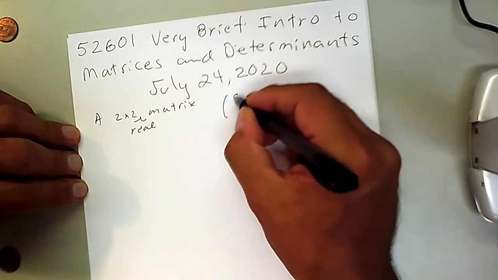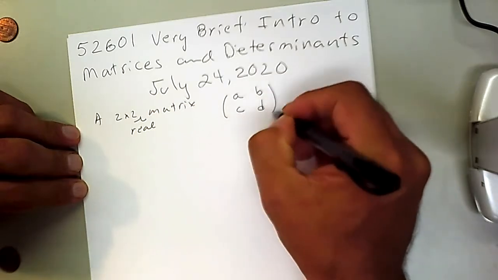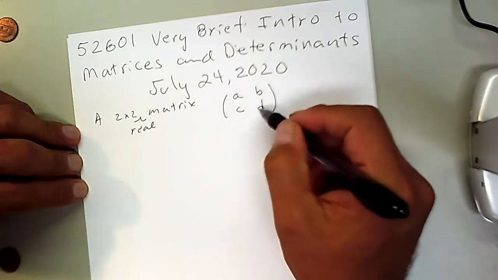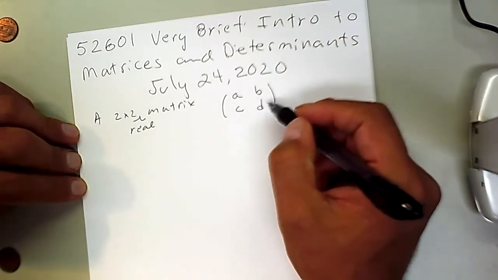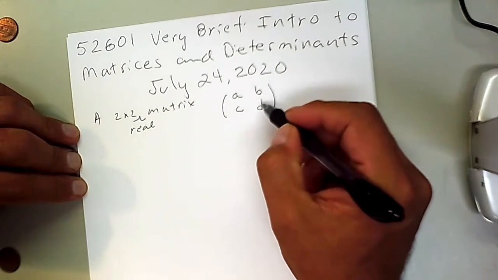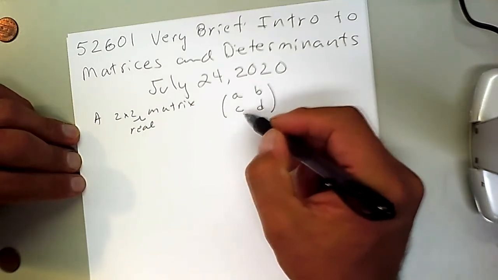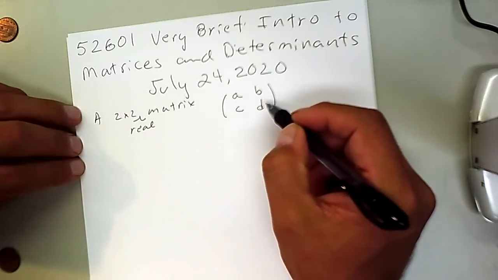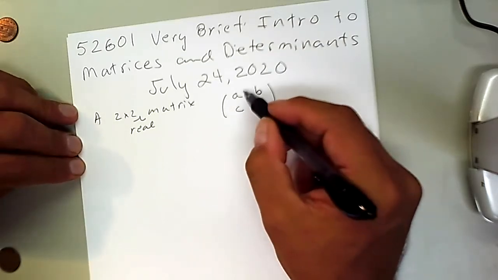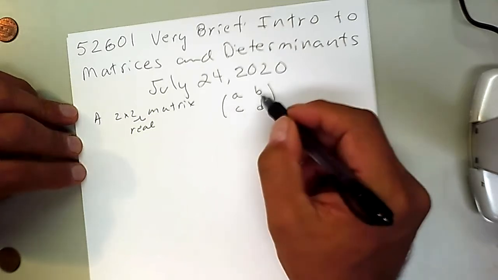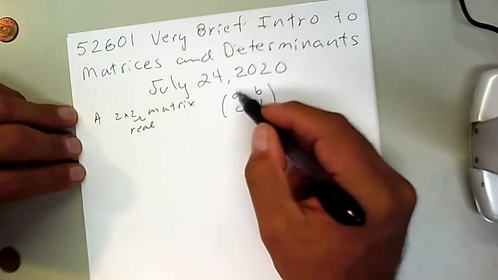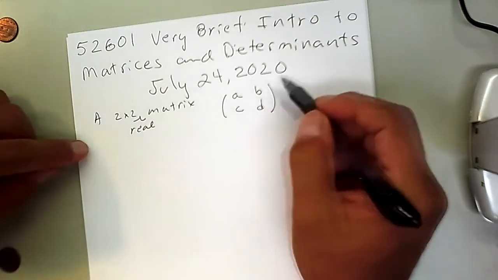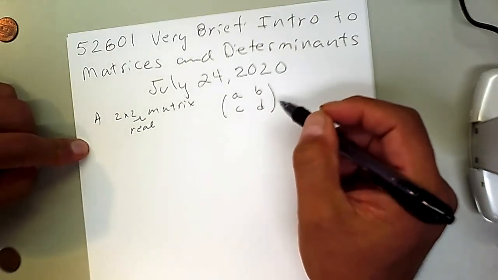So A, B, C, D. The symbol we use sometimes is the round bracket, sometimes it is a square bracket. I don't think it matters. We have to have 4 elements in here. One or more of the entries could be a variable, but we may not leave any of them blank. We have to have either a number or a variable or some kind of expression. So that's a 2 by 2 matrix.